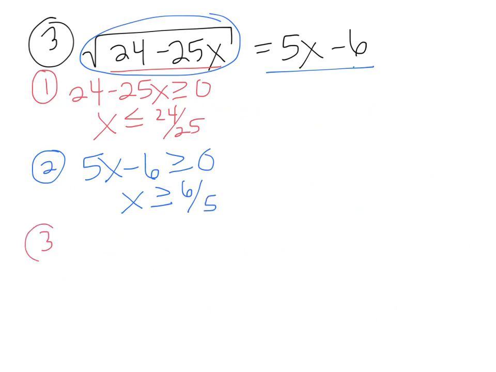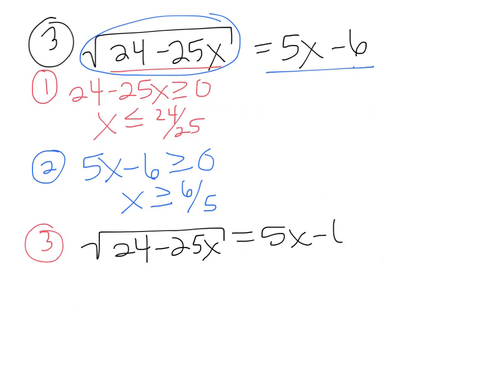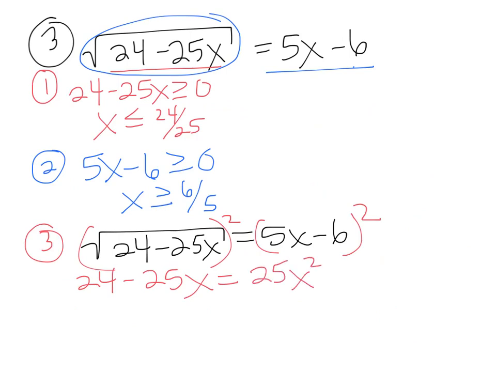So step 3 asks us to undo the radical, which means we need to square both sides. So square here, square here. This side gives me 24 minus 25x. This side gives me 25x squared minus 60x plus 36.